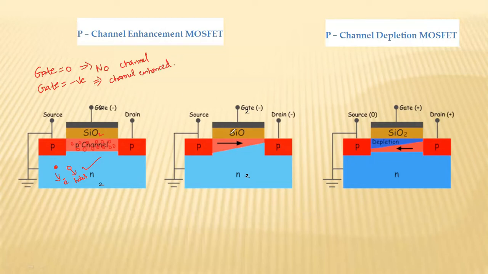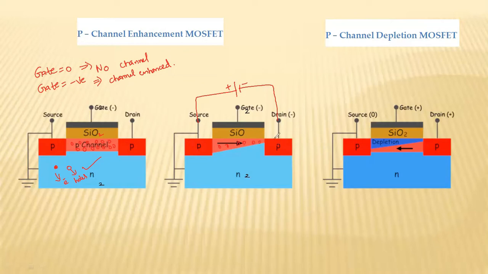Similarly, in order to move the charge carriers from source to drain, we need to apply voltage between the drain and source terminals such that the negative terminal of the supply is connected to the drain and the positive terminal of the supply is connected to the source, so that the positive terminal pushes the holes in the p-type source towards the channel, and from the channel they travel towards the drain.